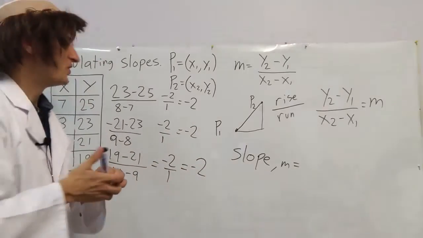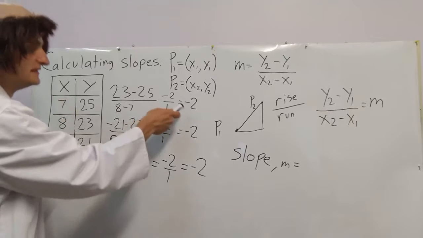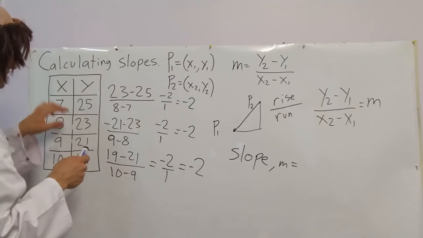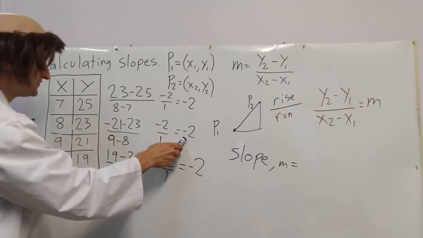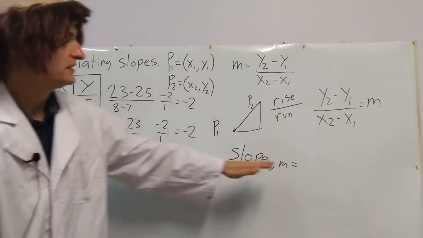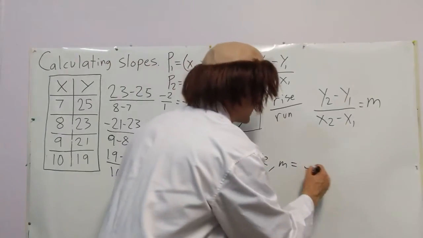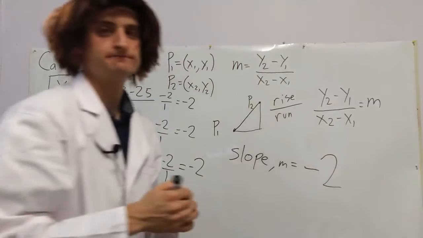Say it with me. What's the slope here? Negative 2. The slope is negative 2.